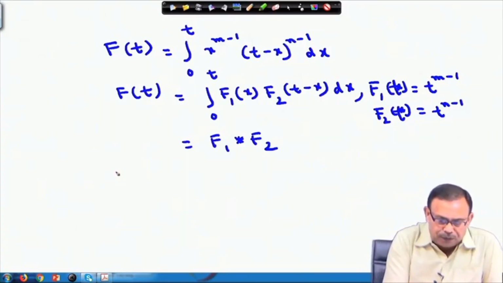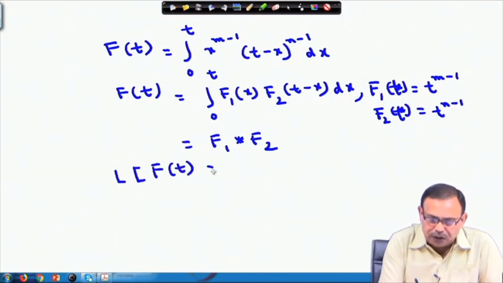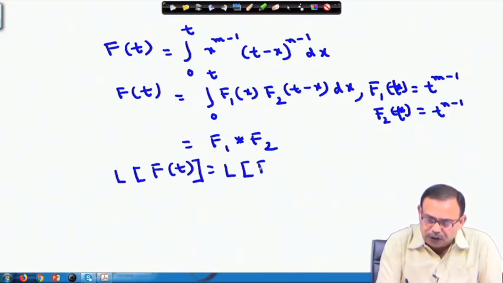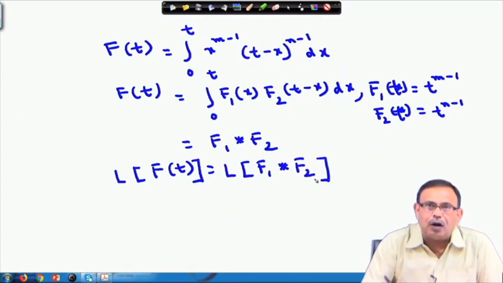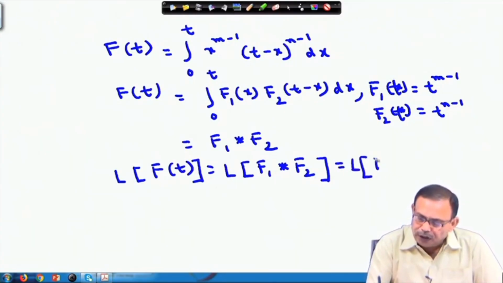Now if I take the Laplace transform on both sides of the earlier equation, I will obtain the Laplace transform of f t equals the Laplace transform of f 1 into the Laplace transform of f 2. Using the convolution theorem, we know that the Laplace transform of f 1 convolution f 2 equals the Laplace transform of f 1 t into the Laplace transform of f 2 t.